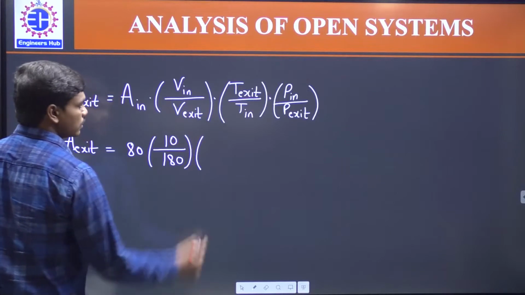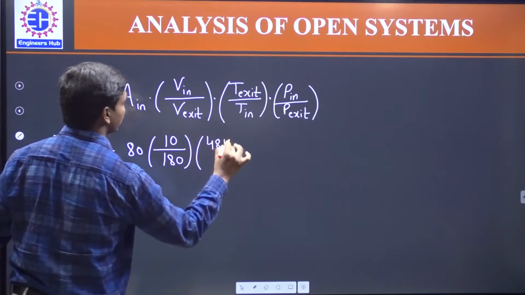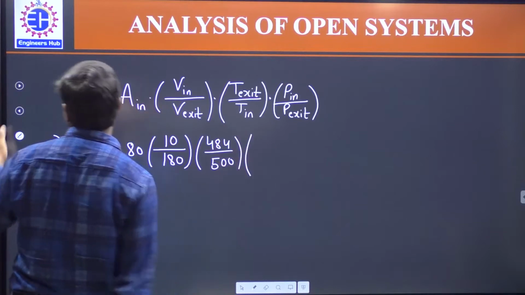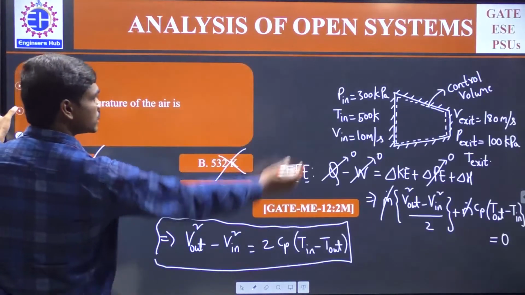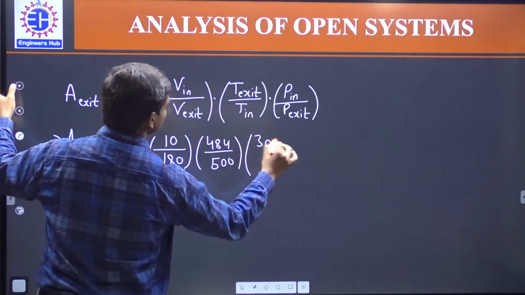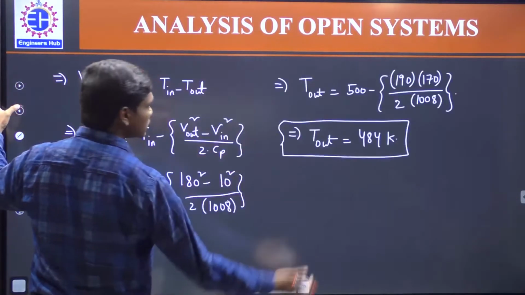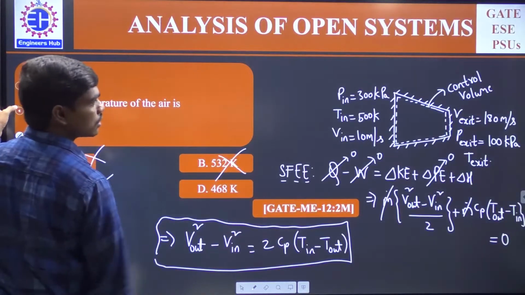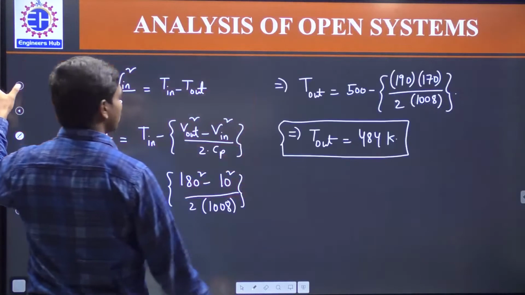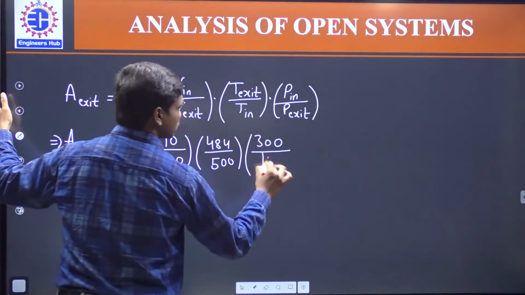T at exit we got 484, divided by T at inlet, which is 500, into P at inlet, 300 kilopascals, divided by exit pressure, which is given as 100 kilopascals.